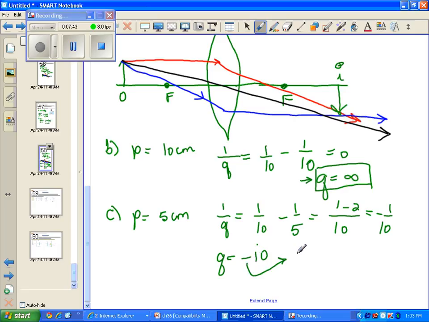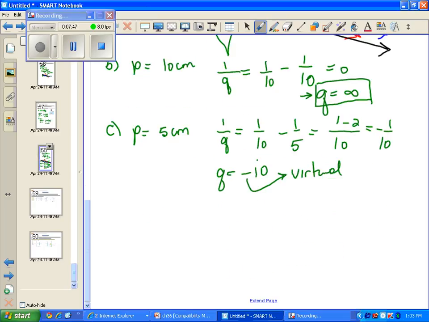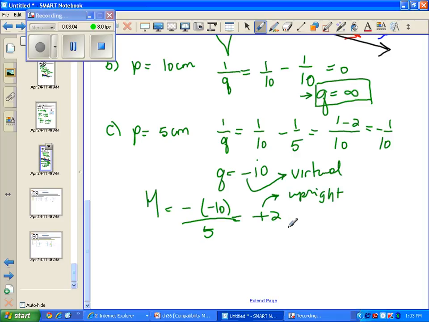And that negative tells us we have a virtual image. Magnification equation, minus 10 divided by 5 gives us plus 2. The plus tells us we're upright. The 2 tells us we're enlarged.